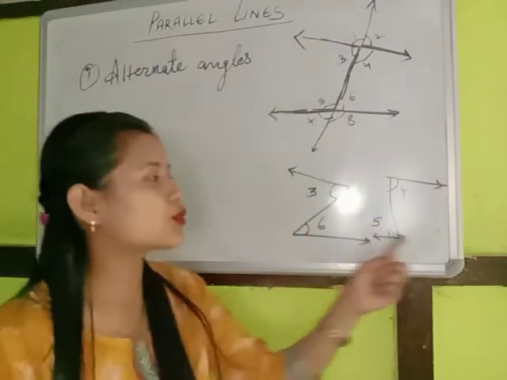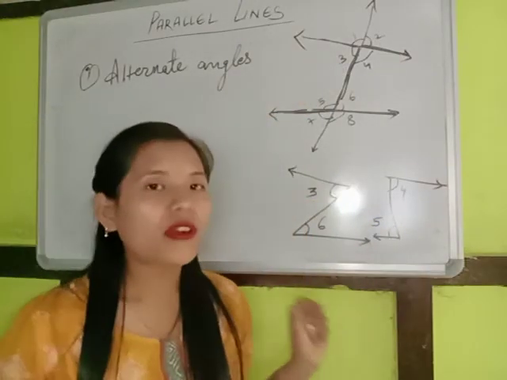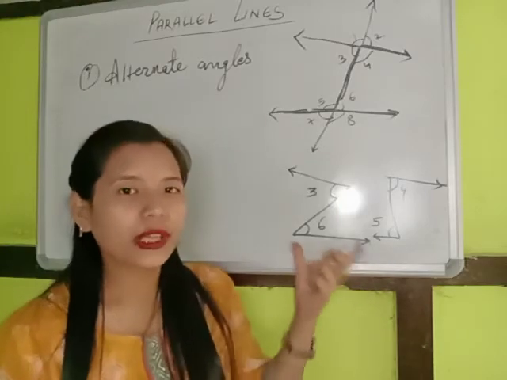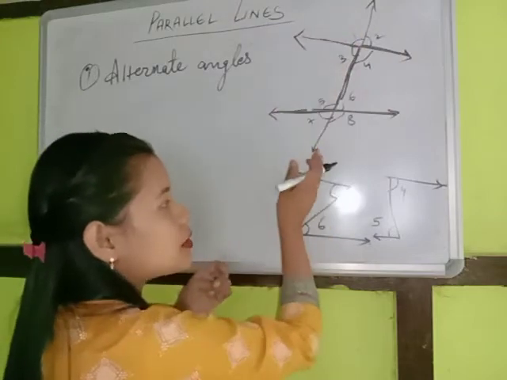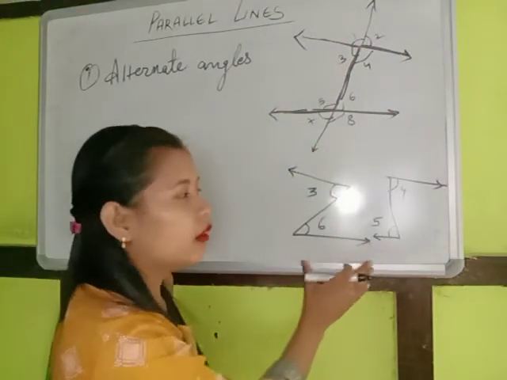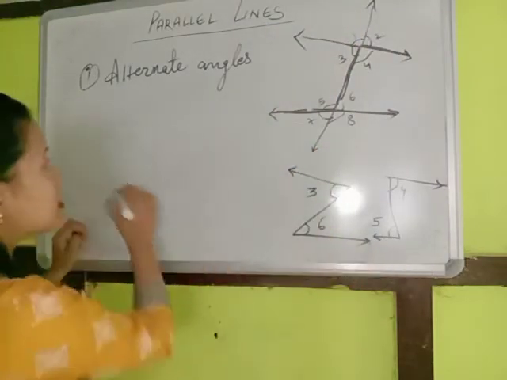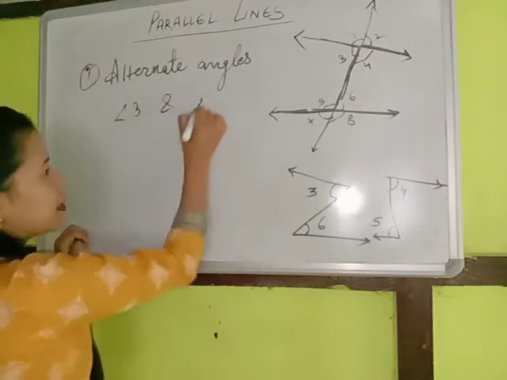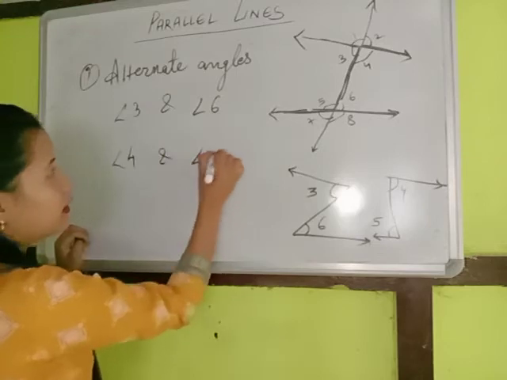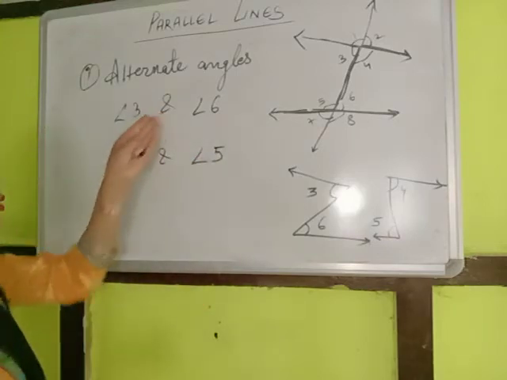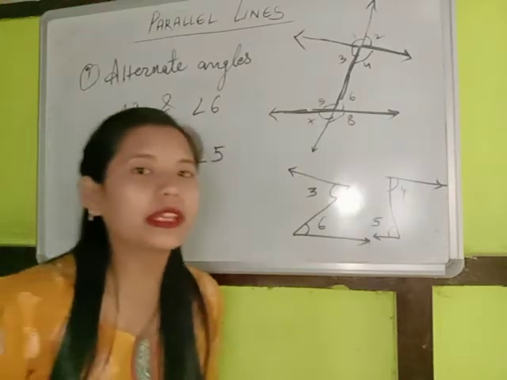So these 2 are the pairs of alternate angles that we have. When 2 lines are cut by the transversal, we get two pairs of alternate angles: angle 3 and angle 6, and angle 4 and angle 5.